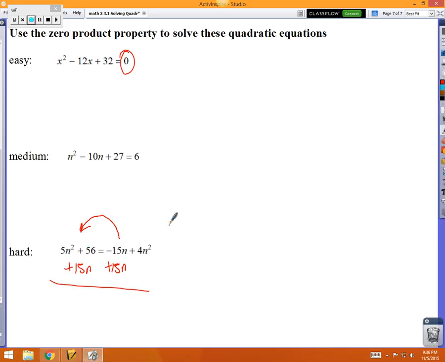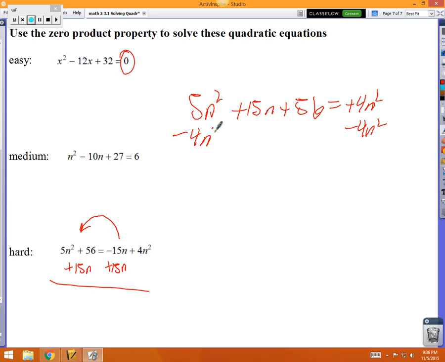So I'm going to have this 5n squared, add 15n and add 56 is equal to a plus 4n squared. Okay, now I'm going to take this 4n squared over, so I'm going to minus 4n squared, and I'm going to minus it from this, because these are like terms. So 5n squared minus 4n squared, that's just 1n squared, add my 15n's, add 56, and now on the right hand side I've got nothing.